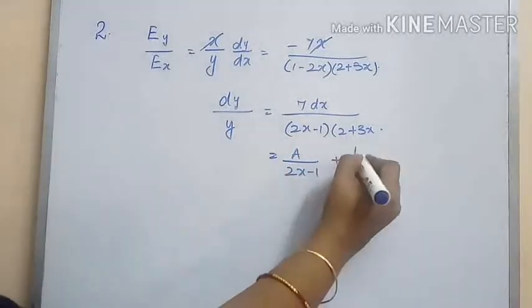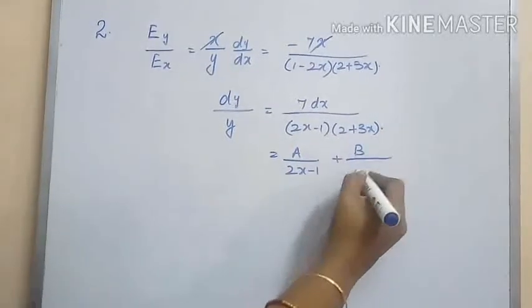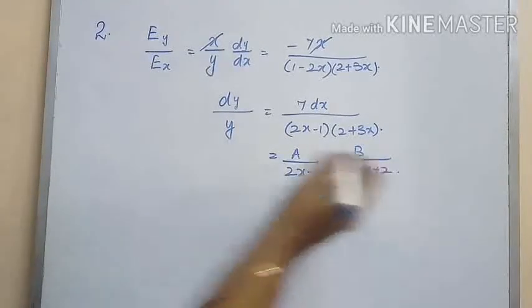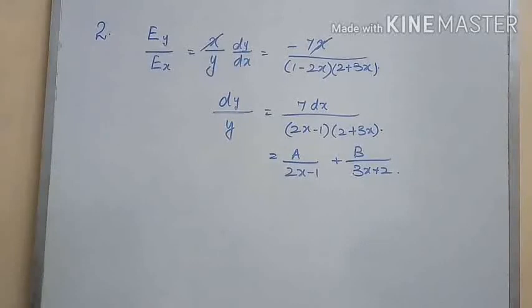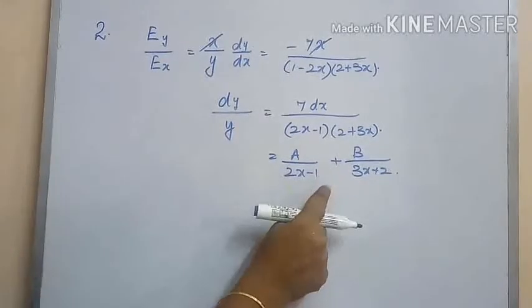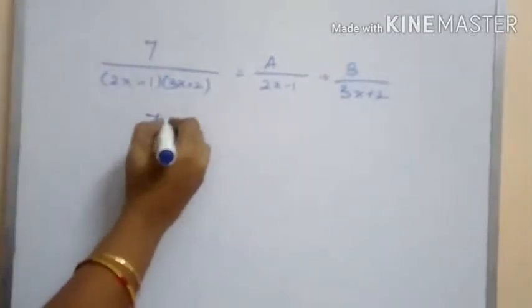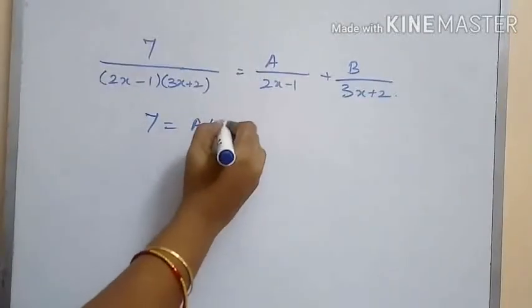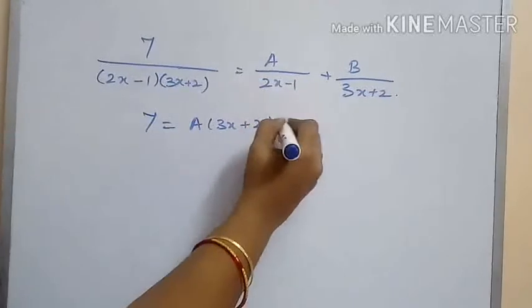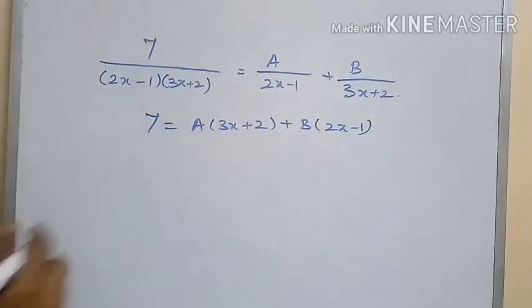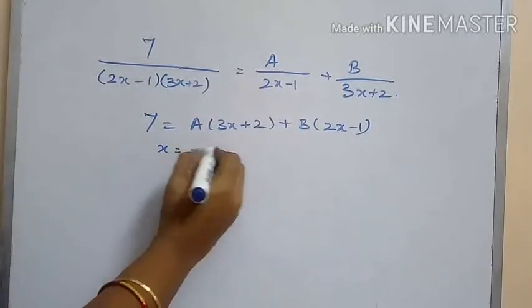Now let us split this fraction into partial fractions. A by (2x minus 1) plus B by (3x plus 2). Let us find out the values of A and B now. So 7 is equal to A into (3x plus 2) plus B into (2x minus 1).